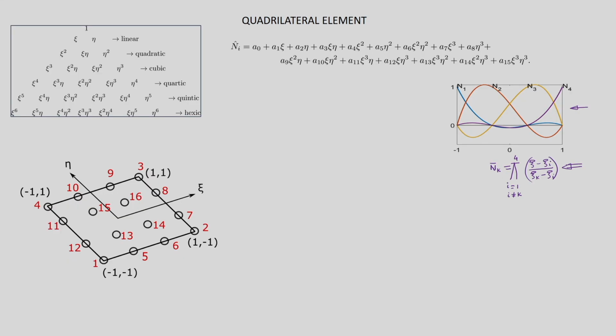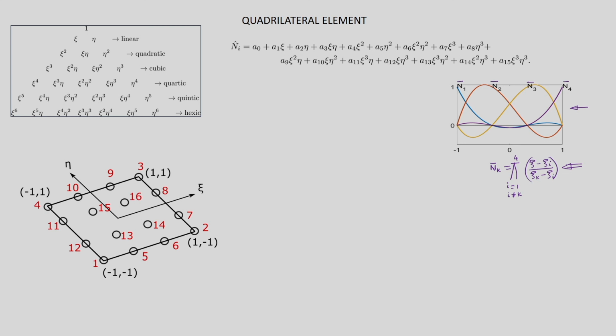Once we have derived all these n i's like n1 bar, n2 bar, n3 bar and n4 bar in xi direction, we will just substitute xi as eta and get the corresponding shape function for n k bar in eta. Alright. So, now how to construct these shape functions for the quadrilateral element using these shape functions in one dimension.